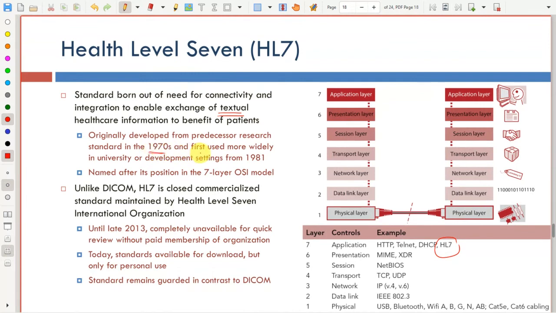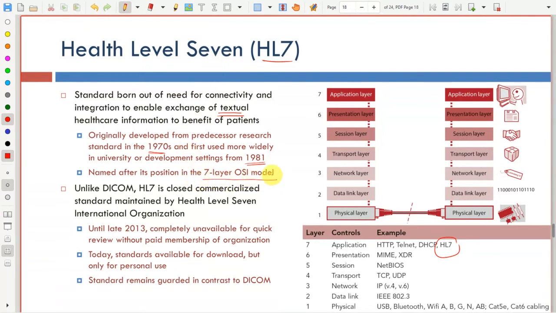And it was first used more widely in university or development settings from 1981. So it was there from the 1970s, but it was much more commonly used in the 1980s, starting from 1981.